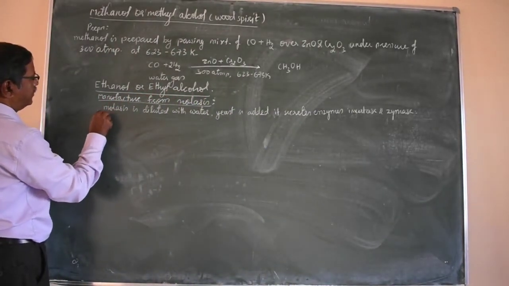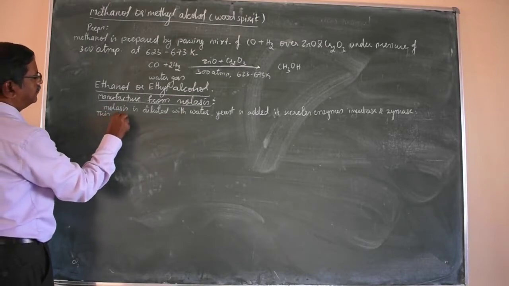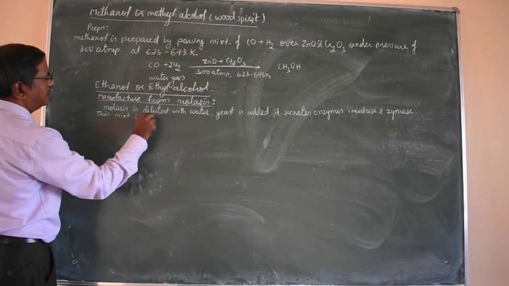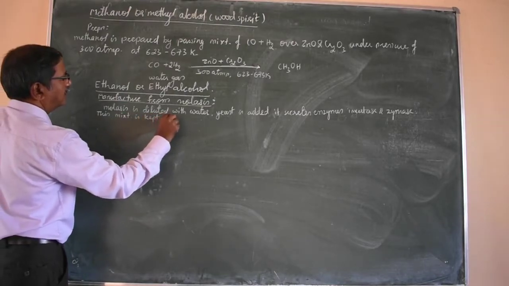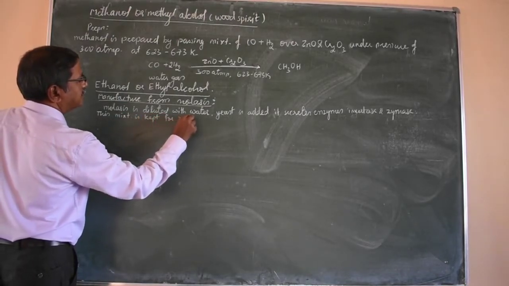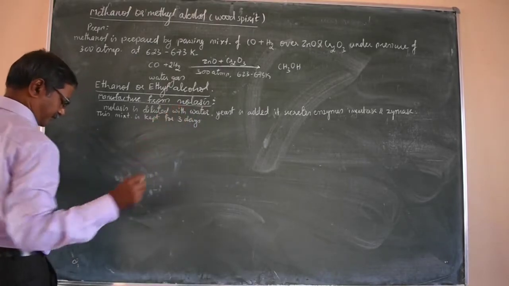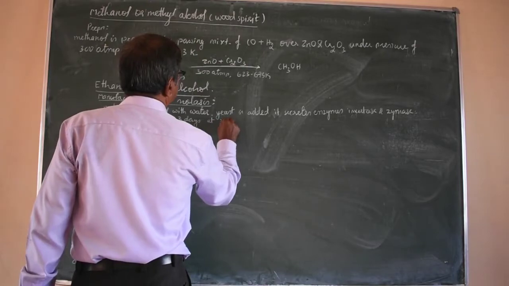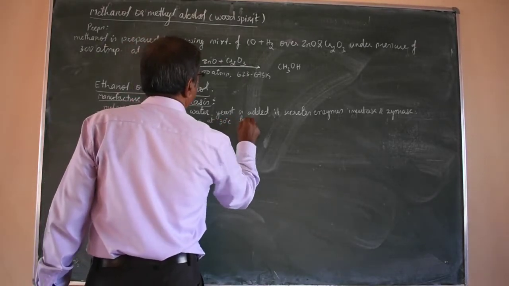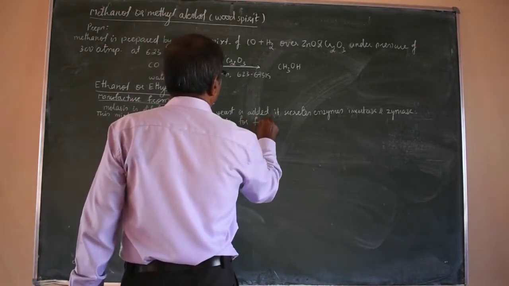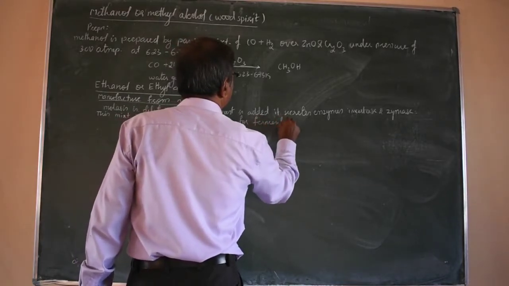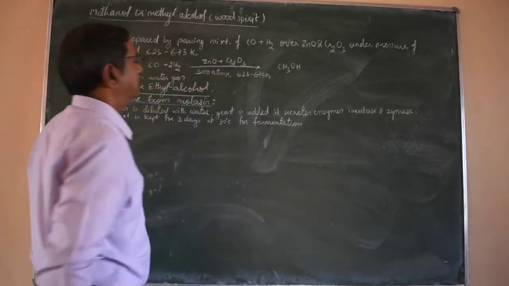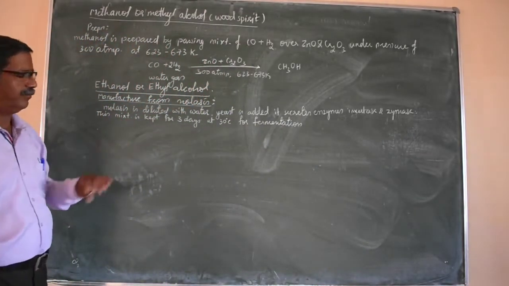This mixture is kept for 3 days at 30 degrees Celsius for fermentation. So fermentation of molasses takes place.